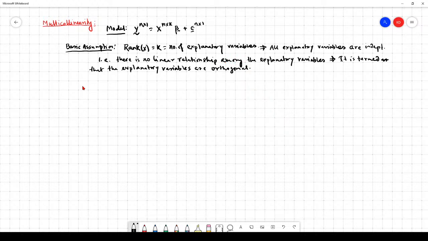But in many situations, rank of X may be less than K. That is, the explanatory variables may not be independent.